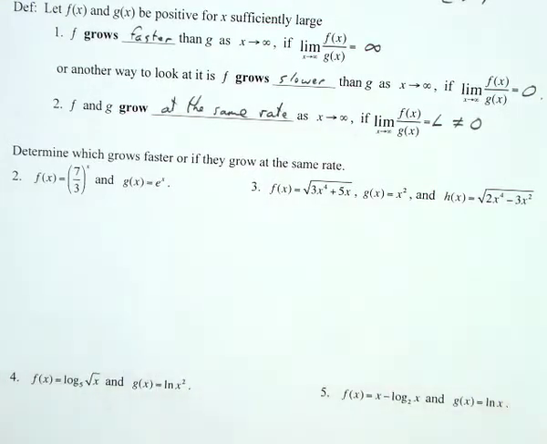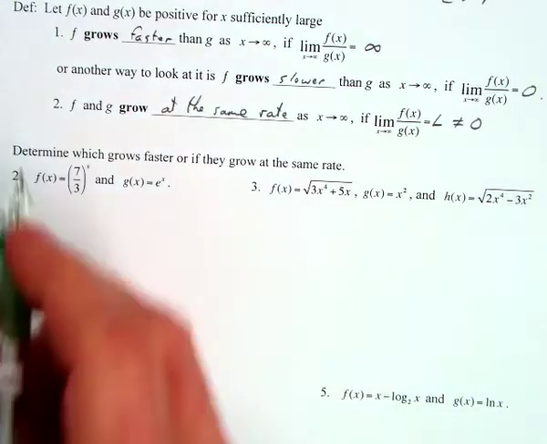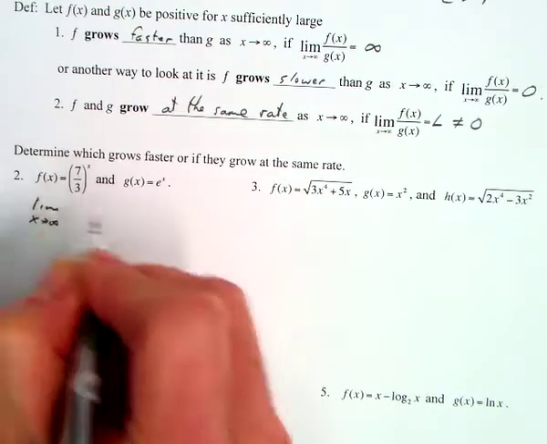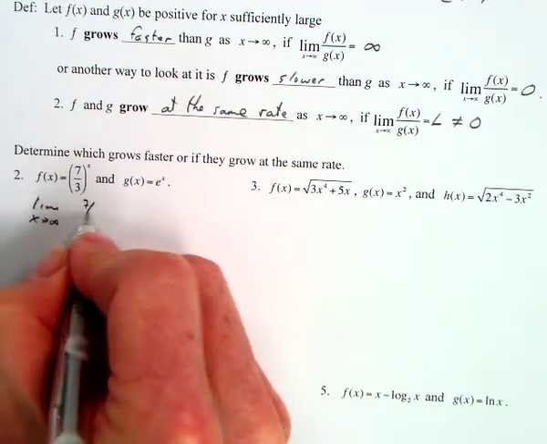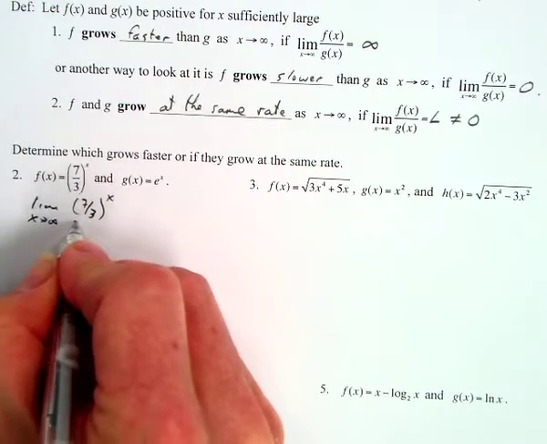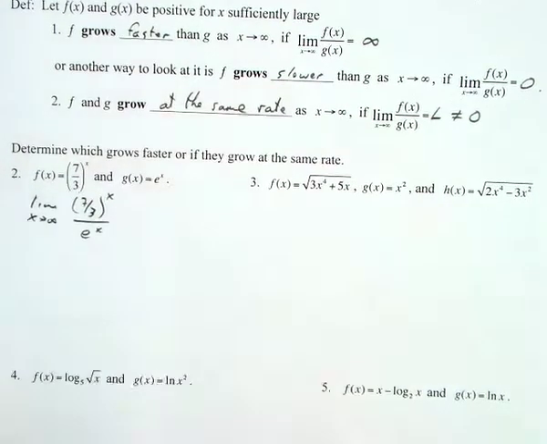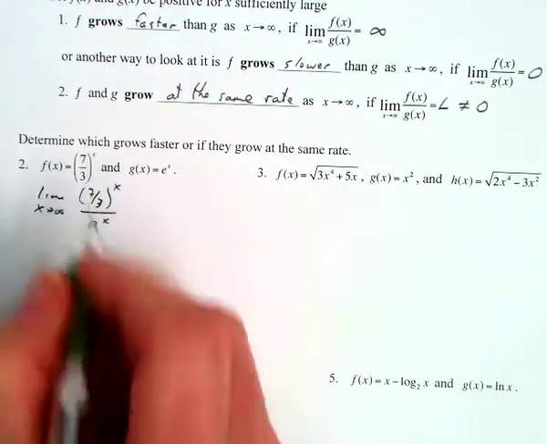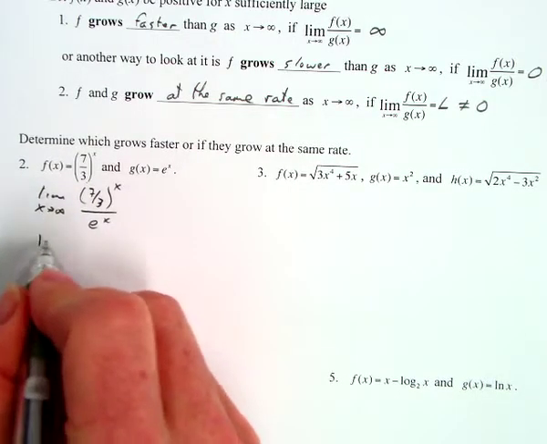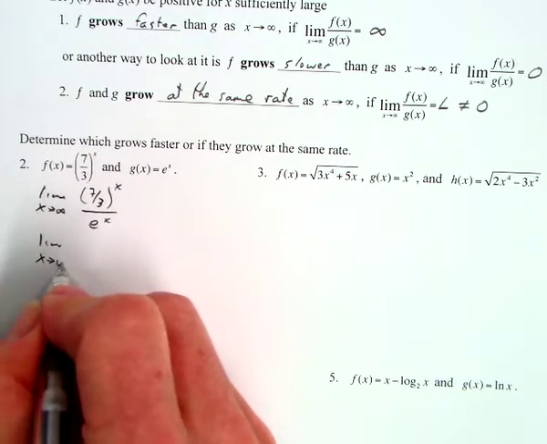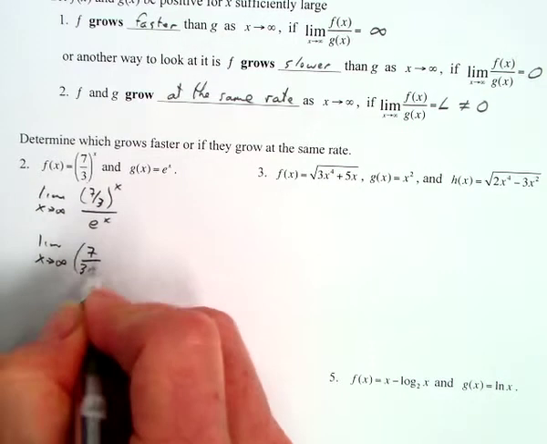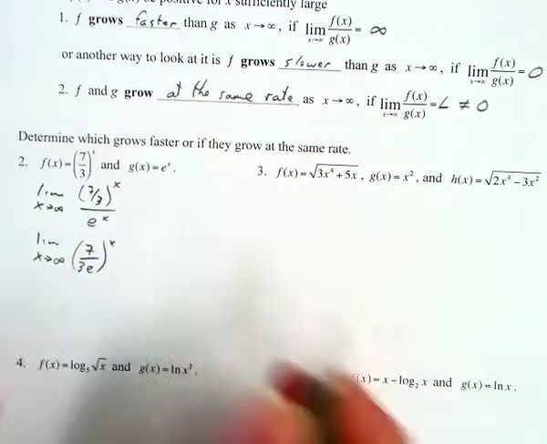Determine which grows faster or if they grow at the same rate. So we're just going to find limits. Limit as x goes to infinity of 7 over 3 quantity to the x divided by e to the x. So we should simplify this. They both have the power of x. We can write it as limit as x goes to infinity of 7 over 3e to the x.